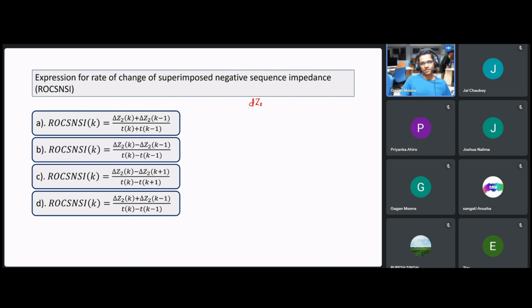So here we are talking about dz2 by dt, which is in continuous time domain.